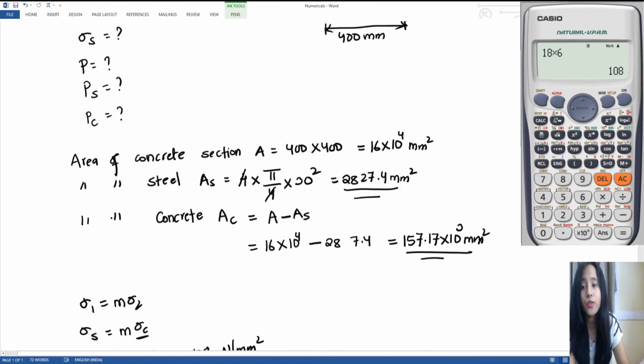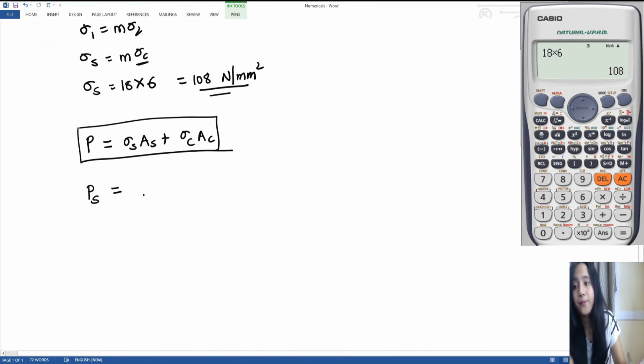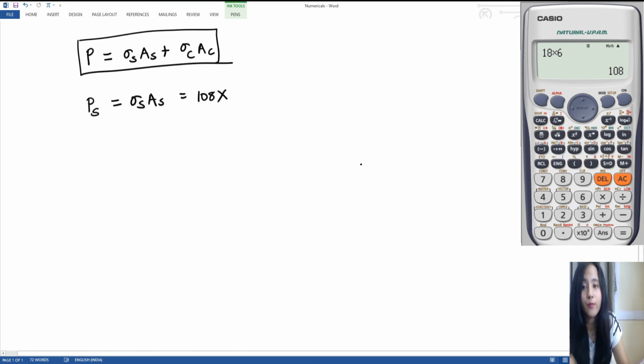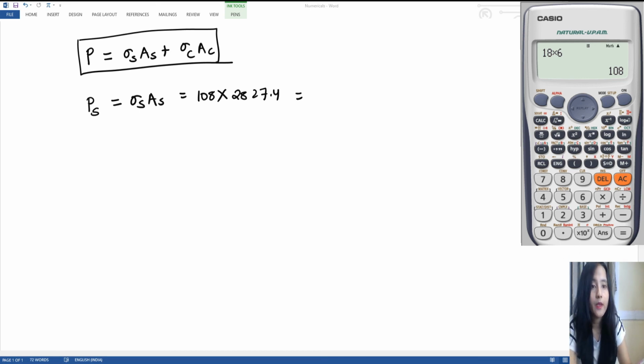So total load shared by steel will be equal to sigma s into As, which will be equal to 108 into area of steel 2827.4.